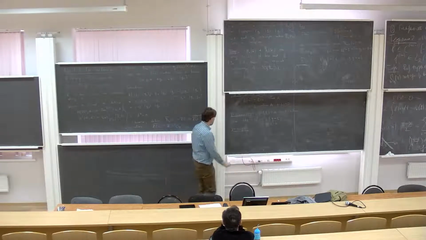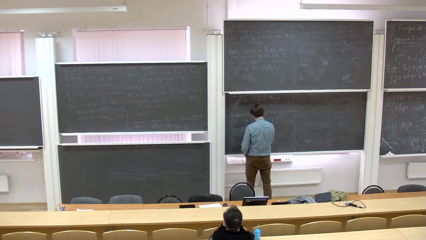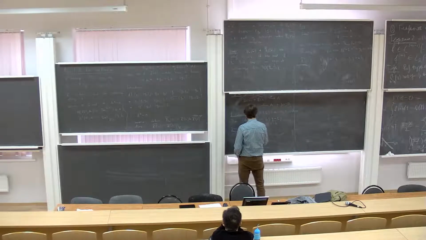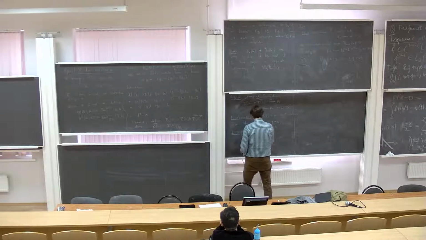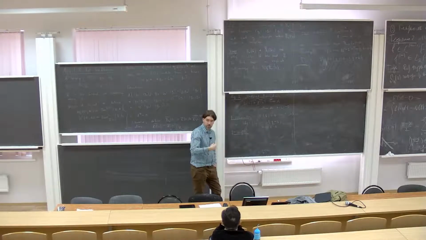What are the 1 cocycles? Given alpha, when is it a 1 cocycle? It's supposed to vanish on the differential of something from degree 2.